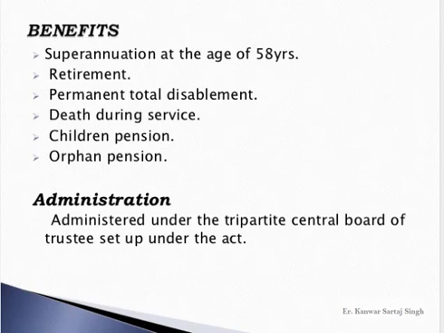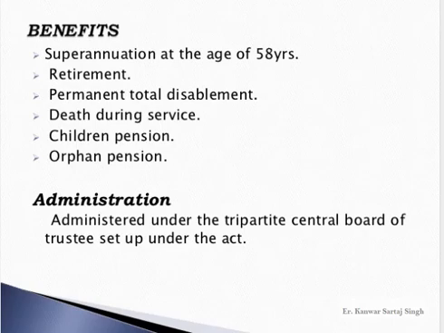Superannuation at the age of 58 years means that the job duration is finished at the age of 58 years. Then retirement is being done and a person is free from his duties and responsibilities at that particular age, and after that he is eligible to receive pension.